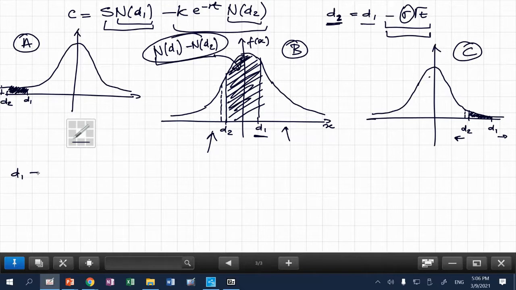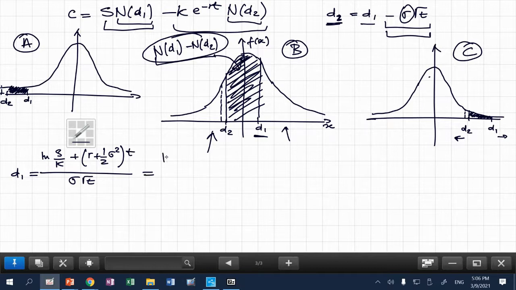Intuitively in this way: d1 is the natural log of S divided by K plus (r plus half sigma squared) times T, divided by sigma square root of T, okay?